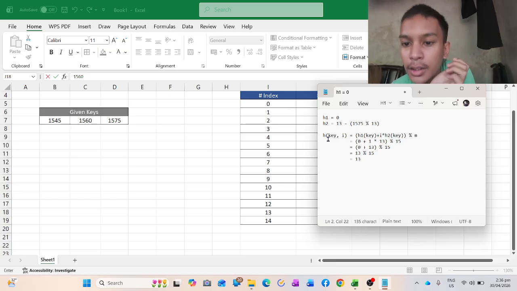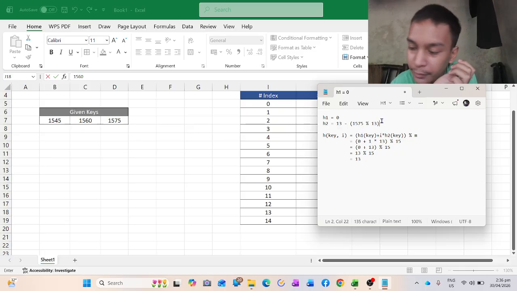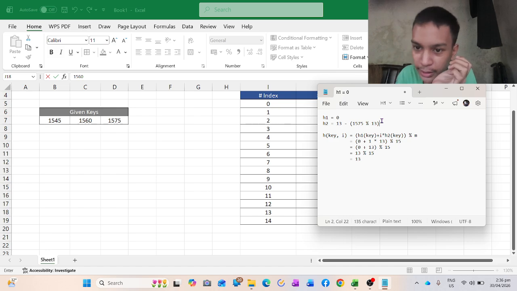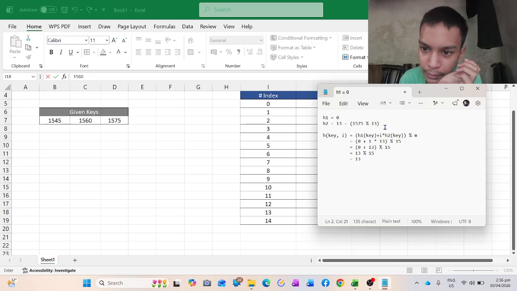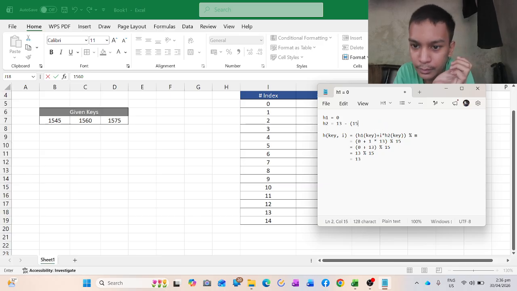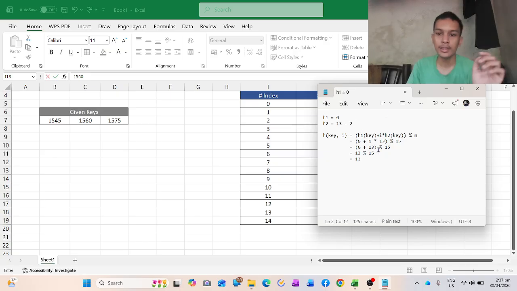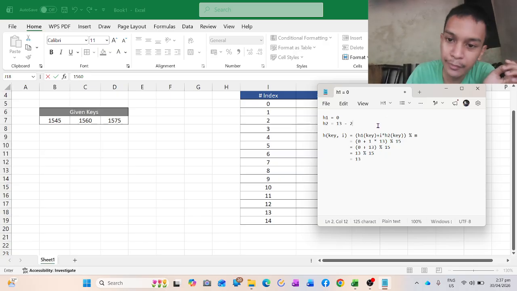So we divide again. 1575 divided by 13 leaves a remainder of 2, and 13 minus 2 is 11.